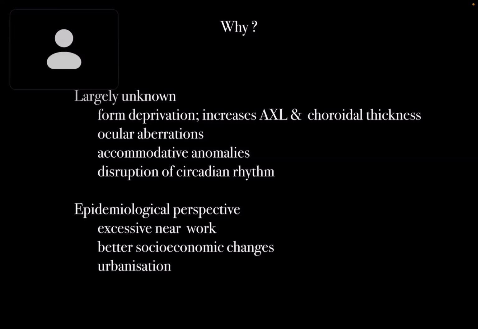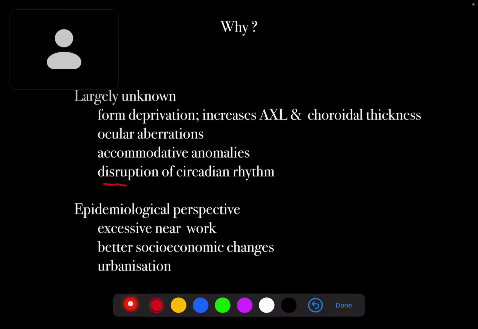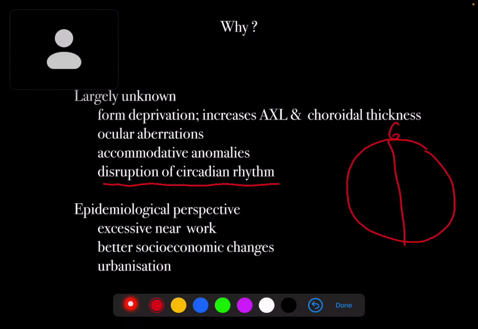There are a lot of anomalies, which is too much to cover, but one thing is important: disruption of circadian rhythm. So what is circadian rhythm? If we take a full day, from around 6 p.m. to 6 a.m. is night, is dark. Again, 6 a.m. to 6 p.m. is light.